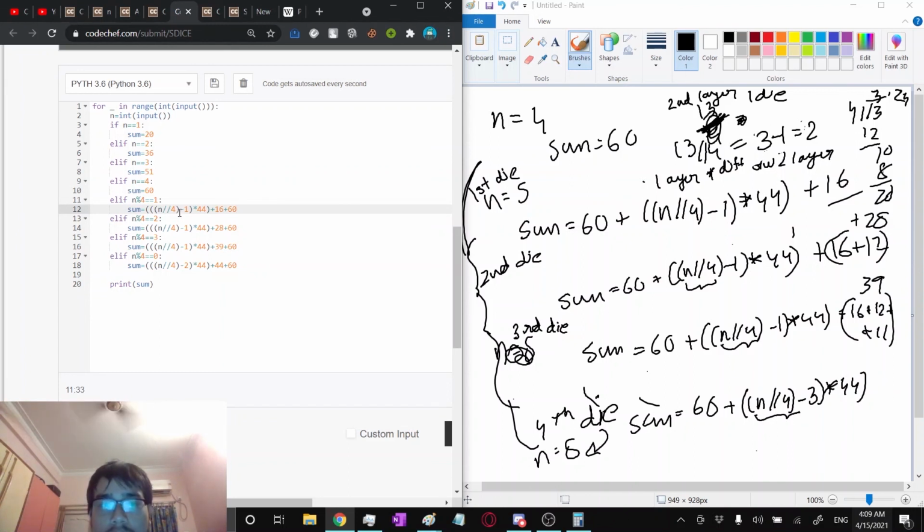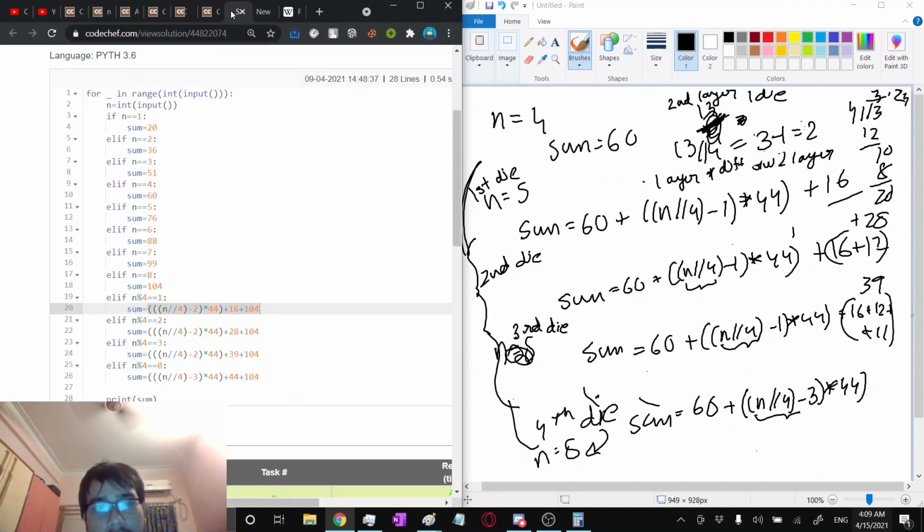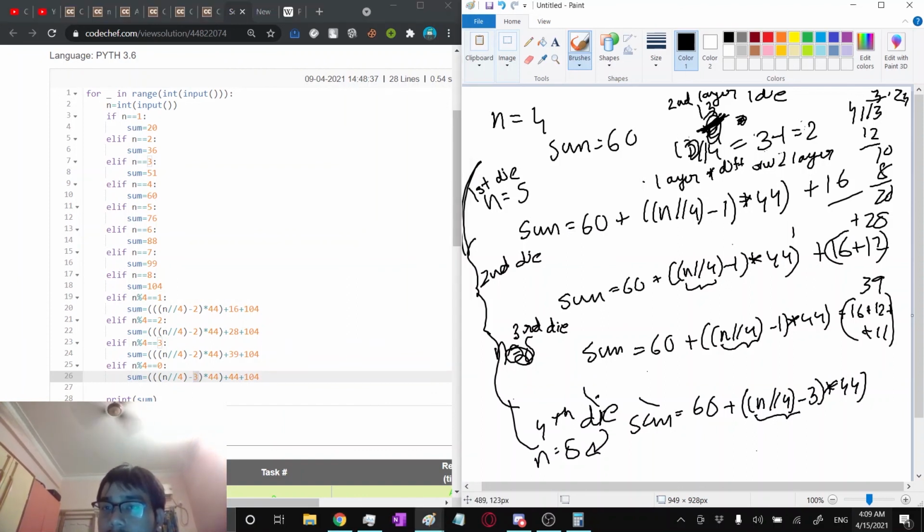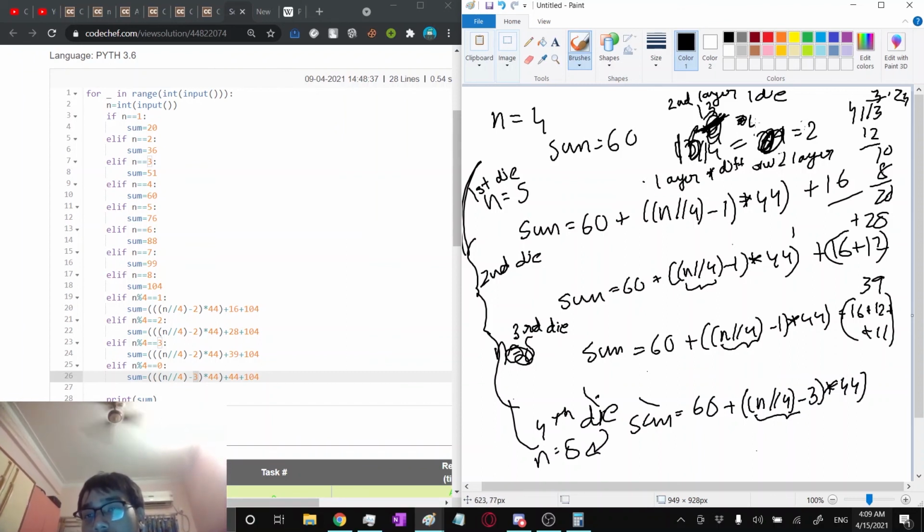So if you put it in this way, you have to do minus 1, and if you put it in that way, you have to use minus 2 and an extra minus 3, because when it reaches the next point, 16, our value will directly come as 4 and not 3. For all the 15, it would have come 3.